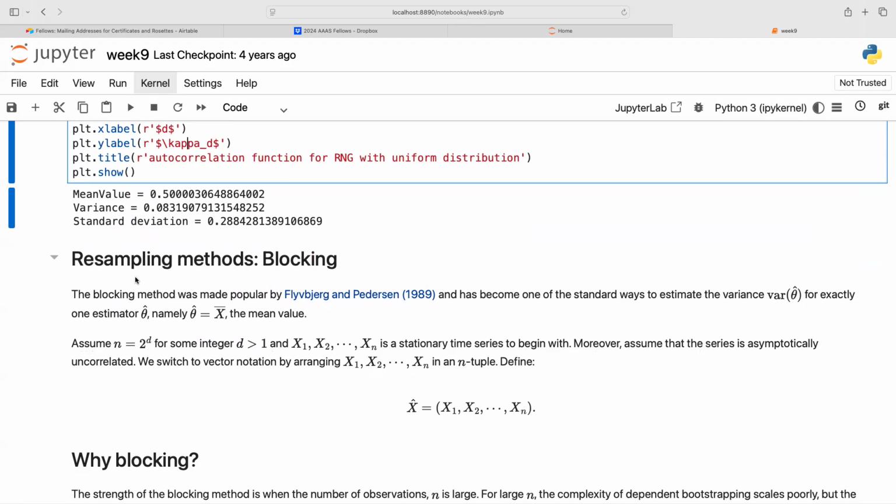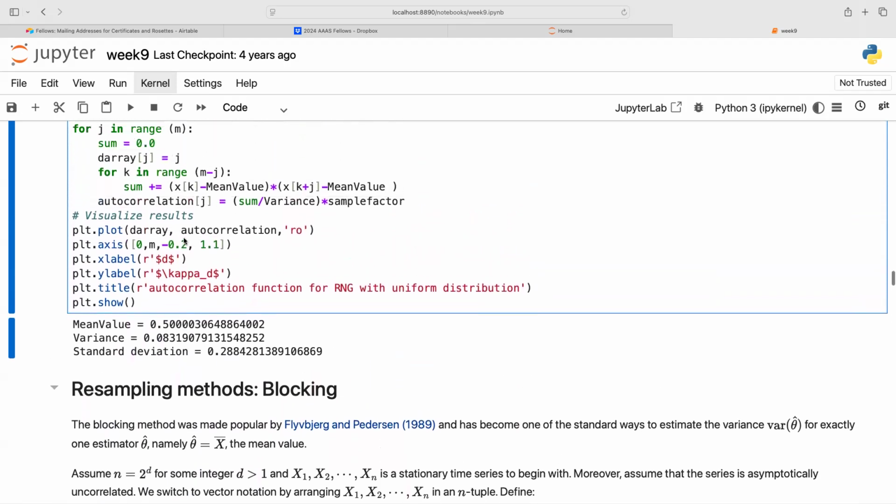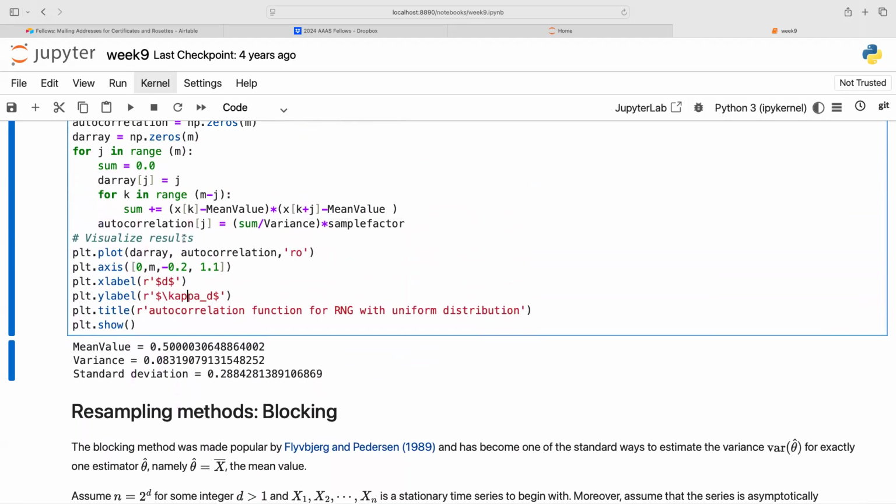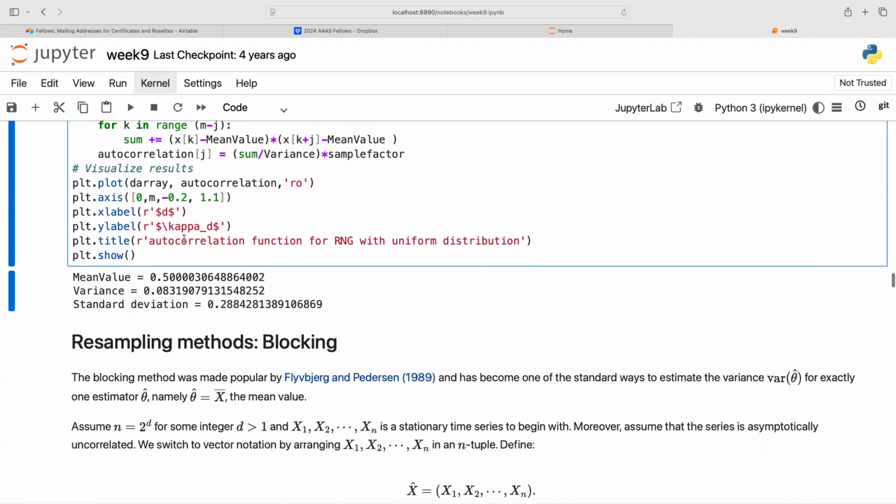So let's just wait a little bit and see if this comes up, because it's still running. It's going to take some time to see this correlation function. But hopefully you would like this to be as close to 0 as soon as possible. This is only for the random number generator. Then if you look at your physics case, there will be correlations in your data sets for your physics calculation.